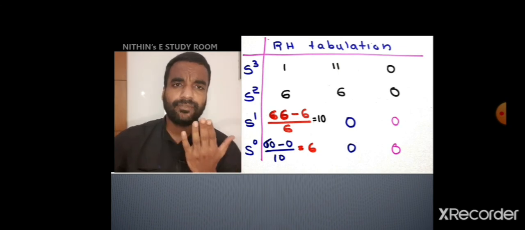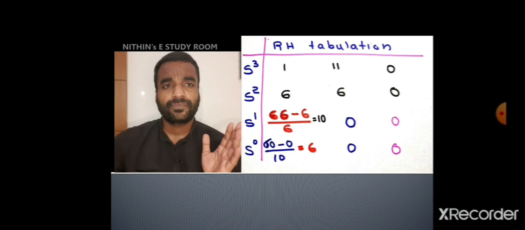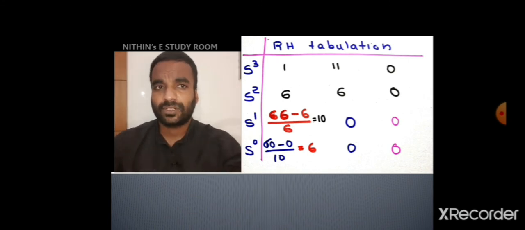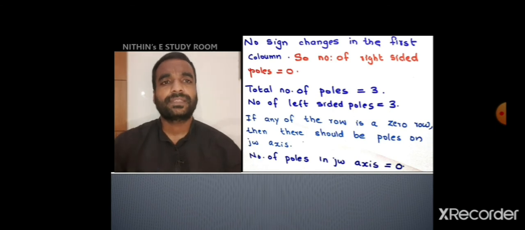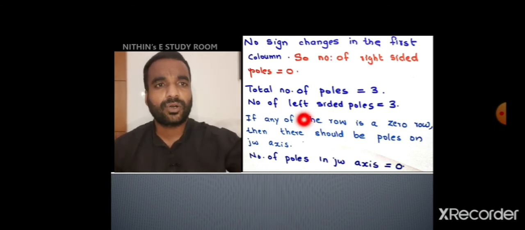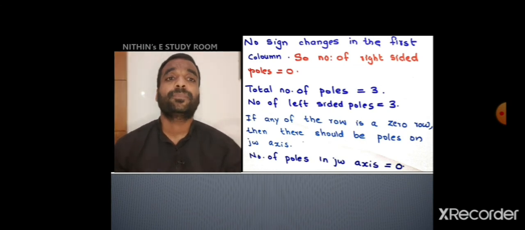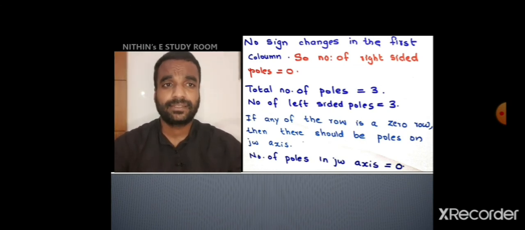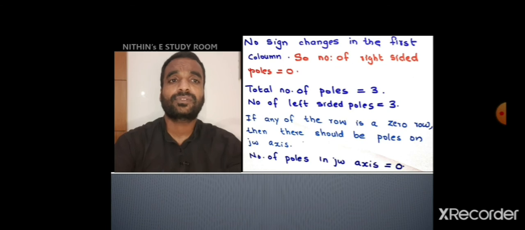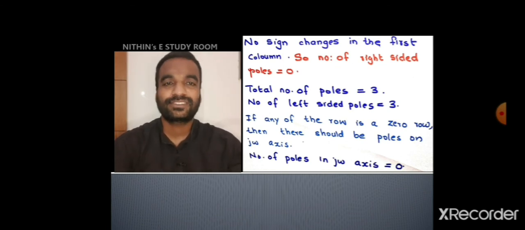Here all the rows are non-zero rows, so there are no poles located on the j omega axis or imaginary axis. Please read this: if any row is a zeroth row, then there should be poles on the j omega axis. But in our case, the number of poles on the j omega axis is 0 because all the rows are non-zero rows. Zeroth row is absent.